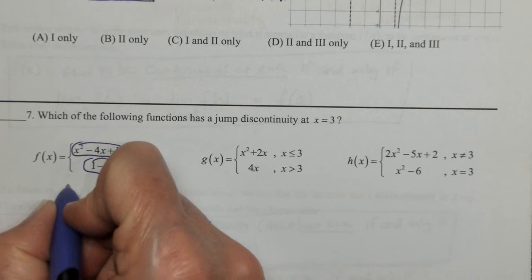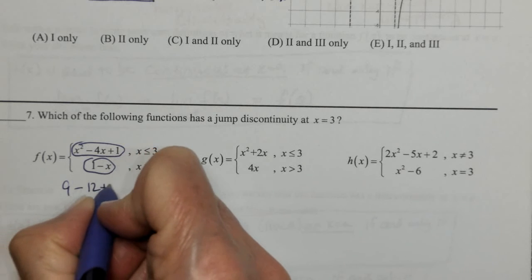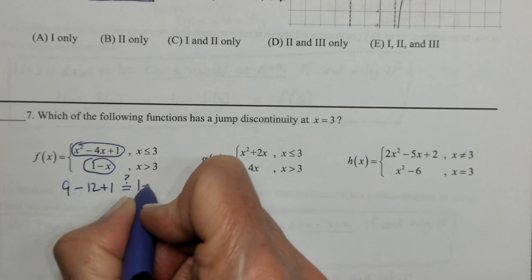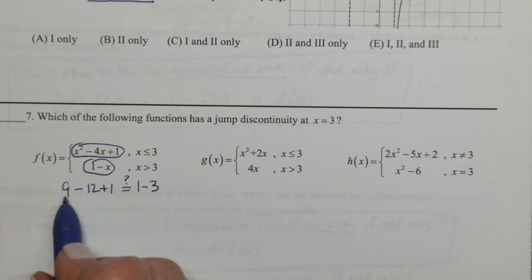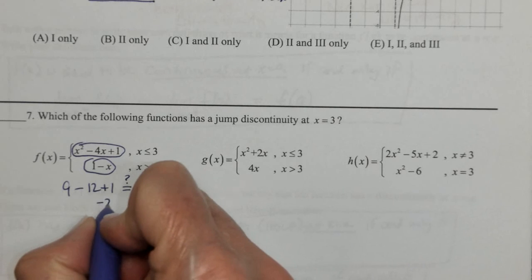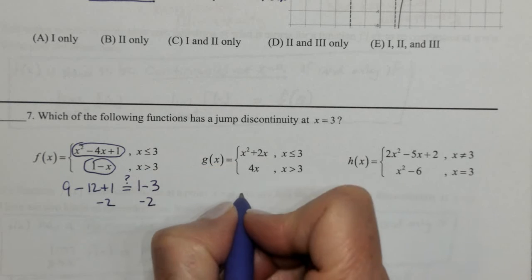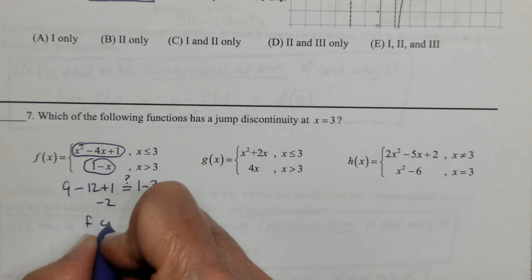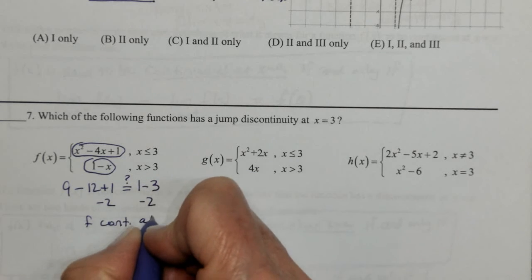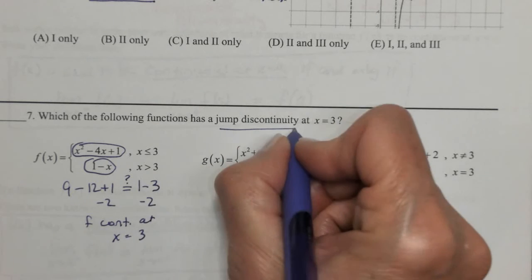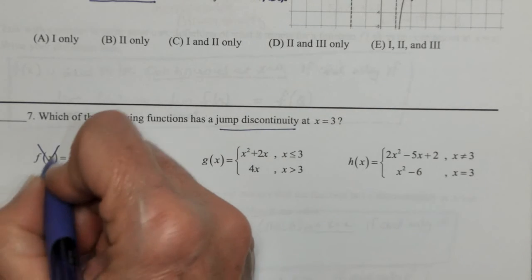So I have 9 minus 12 plus 1, and I'm asking myself, is that equal to 1 minus 3? So 9 minus 12 is negative 3, plus 1 is negative 2. That is indeed equal to negative 2. That means that f is continuous at x is equal to 3. No jump discontinuity, so not f.